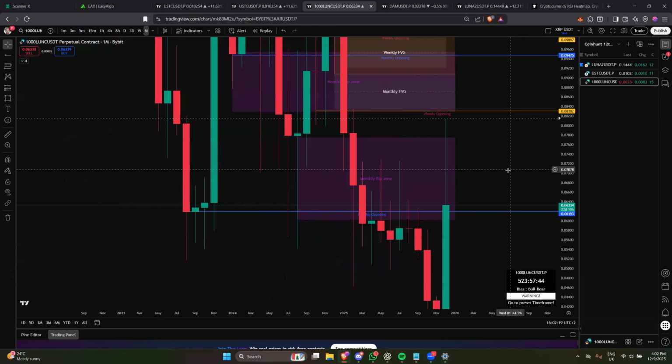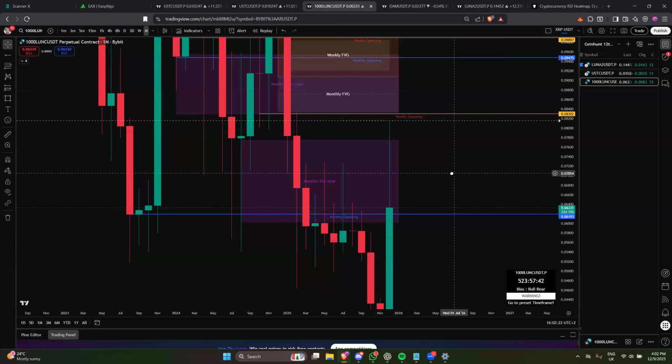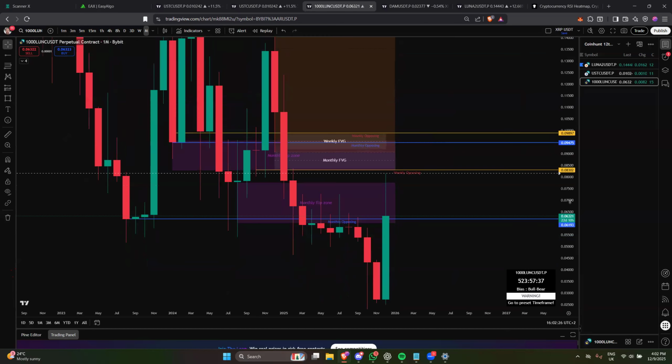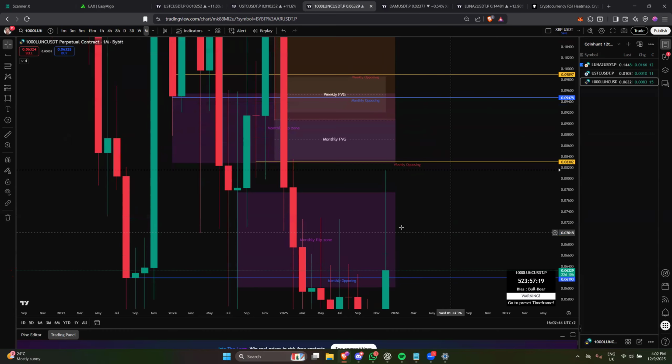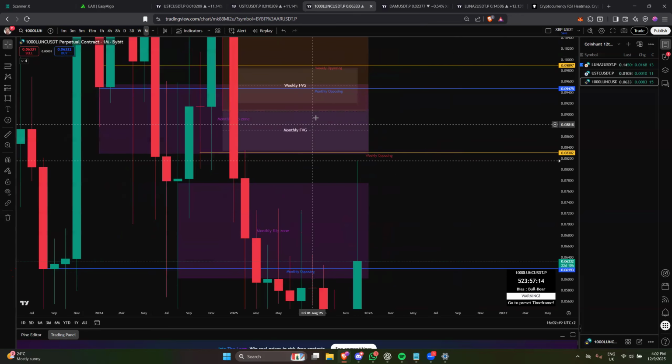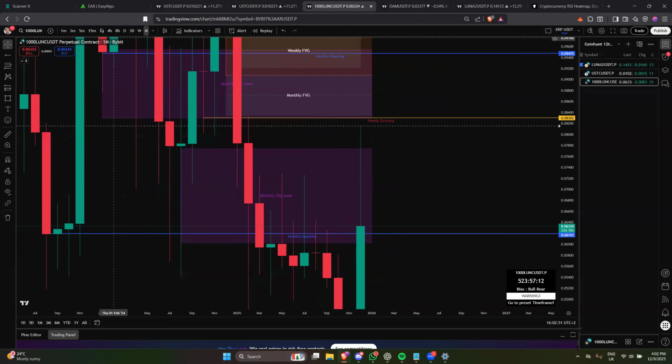Just want to see what else I can find here. Okay, so price is low, so I'm not going to bother with it now. Okay, so no fair value gaps at the moment. There are fair value gaps up there, it's fine.